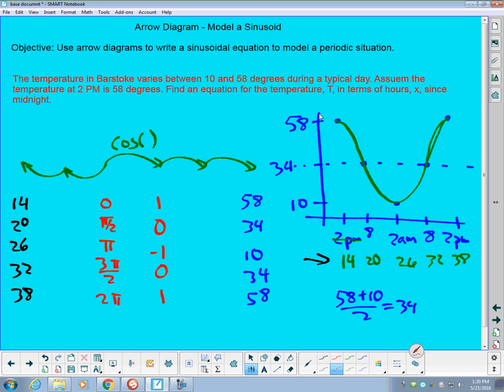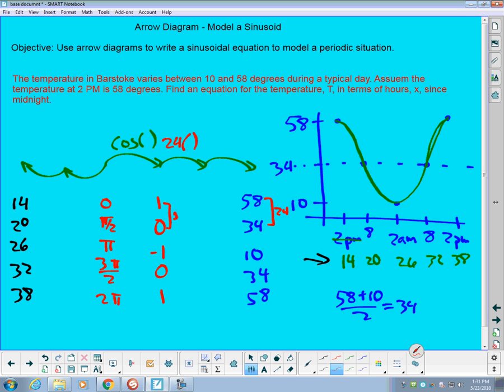One thing I notice here is we can read the amplitude off of there, and it says our amplitude here is 24. Our amplitude over here originally is just 1, so we need it to be 24 times as tall. So we will multiply by 24.